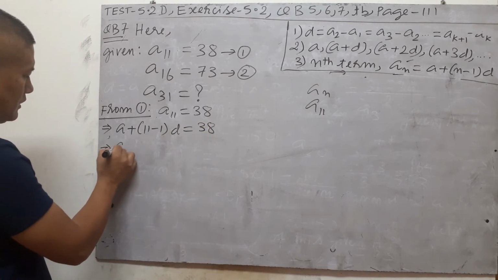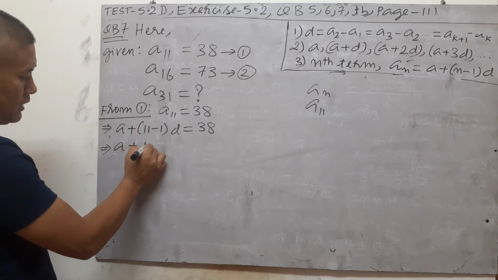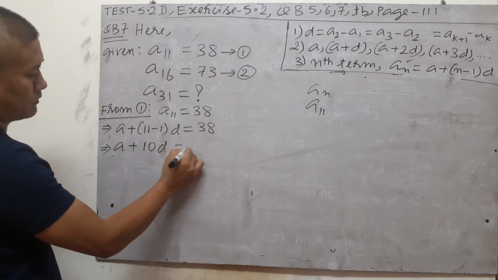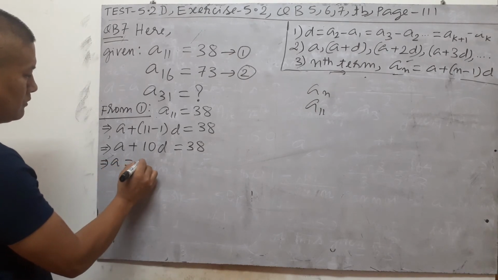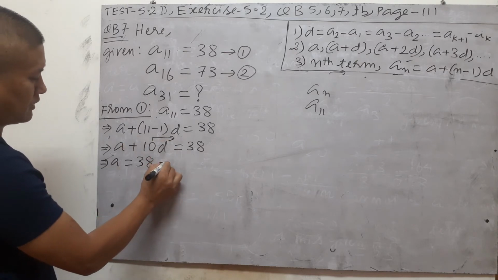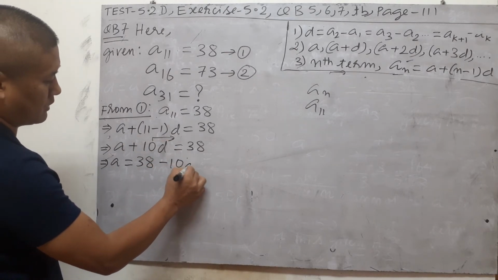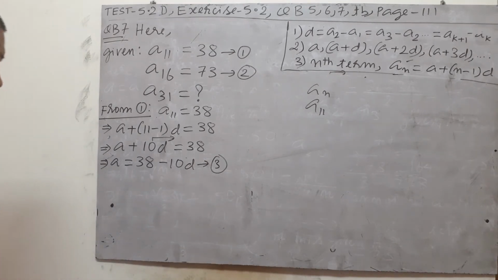So A plus 11 minus 1 is 10, so 10D equal to 38. So that will give you A equal to 38, and shifting this to the right side, plus 10D becomes minus 10D. Let us keep this as equation 3.